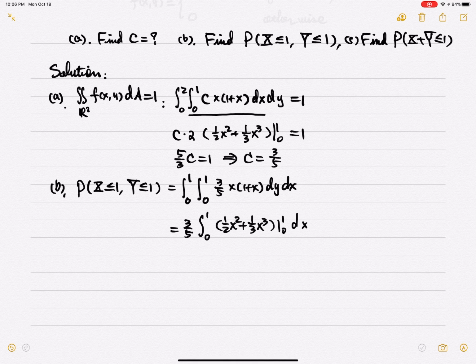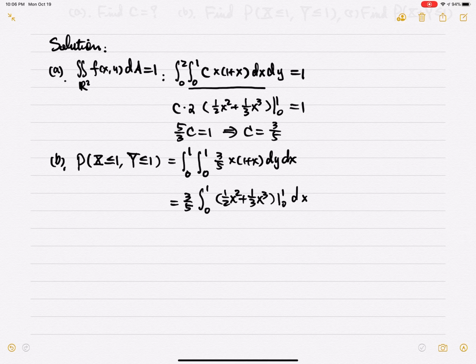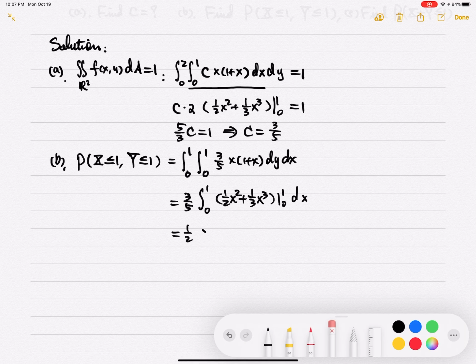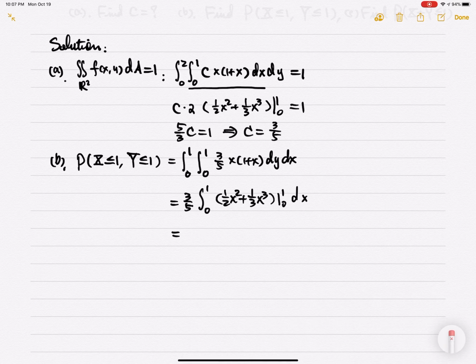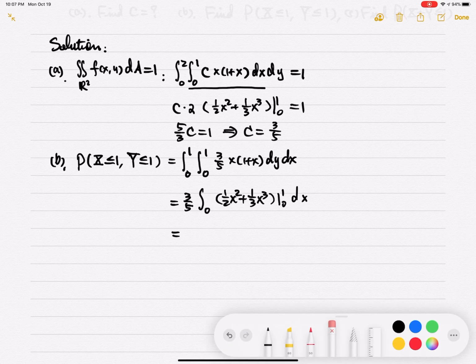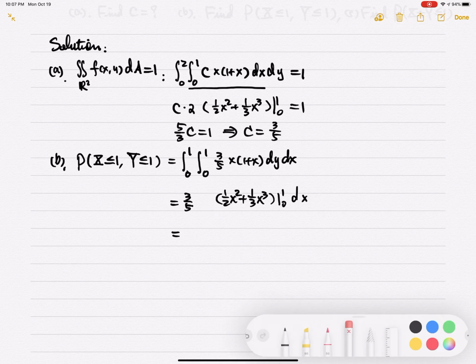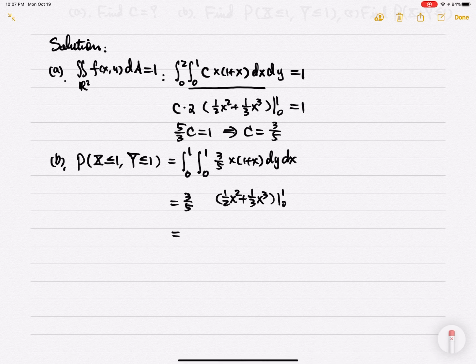Now this is a constant, 5/6, sorry, 5/6 moves out.